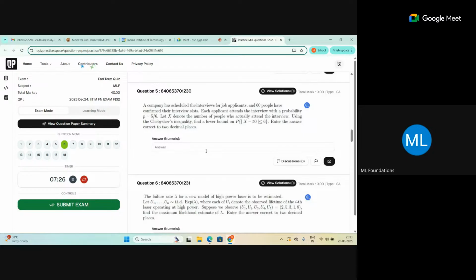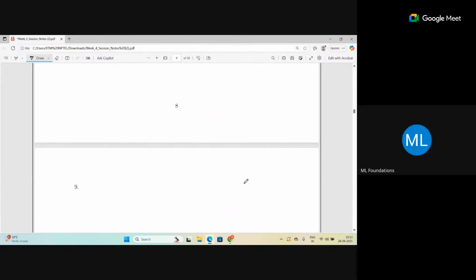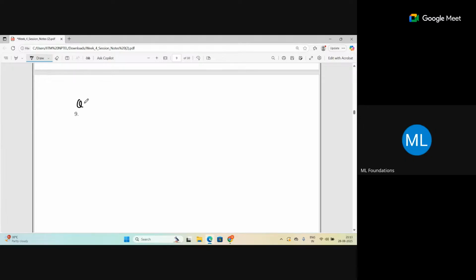So I need to find out the lower bound, right? Before finding the formula, let us try to understand what is given. Out of the 60 interviews, the probability that an applicant will attend the interview is 5 by 6.